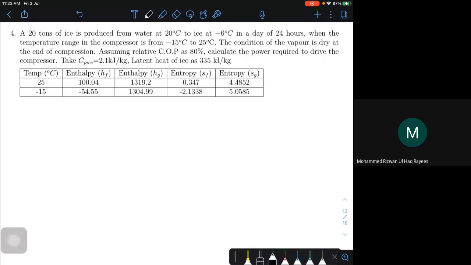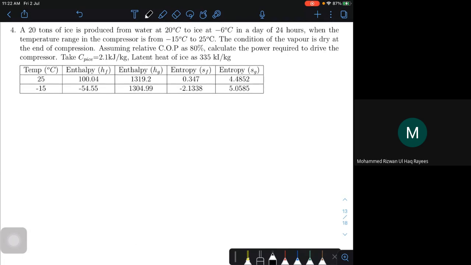Now let's write the data and solve the numerical. What is given? The temperature of the water is 20 degrees Celsius, and the temperature at which you have to produce the ice is minus 6 degrees Celsius. The time is 24 hours. The mass of the ice is 20 tons.